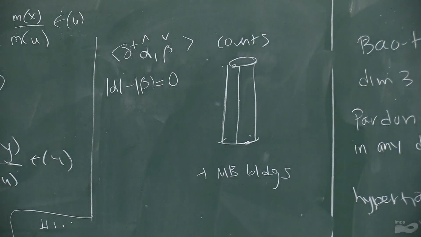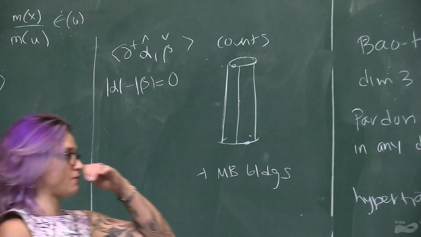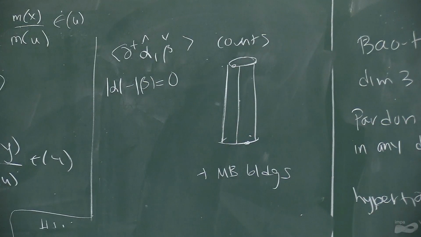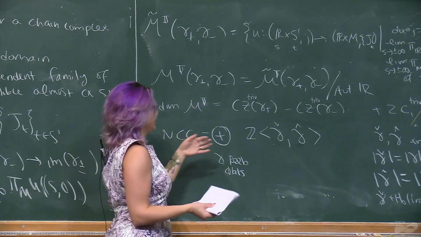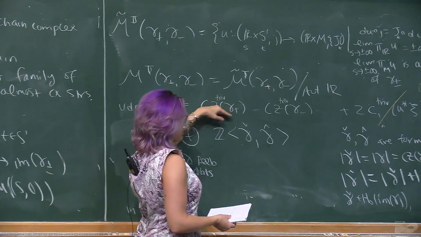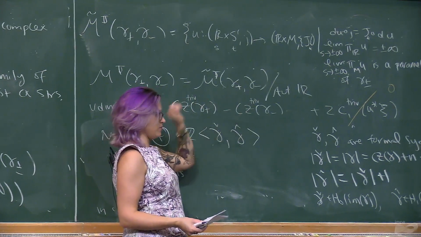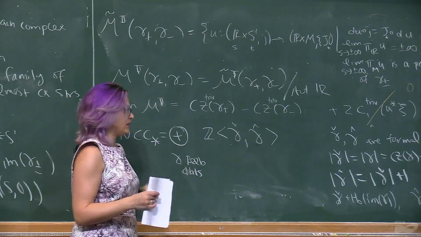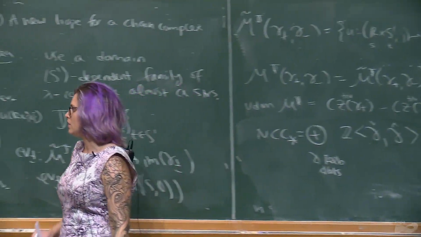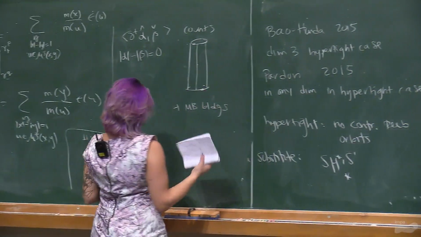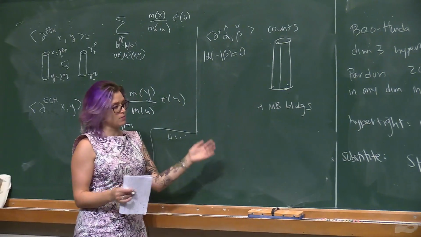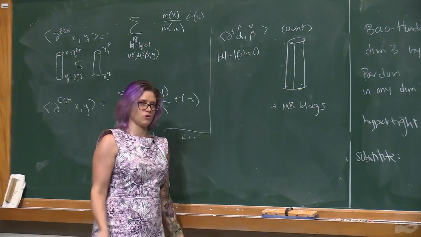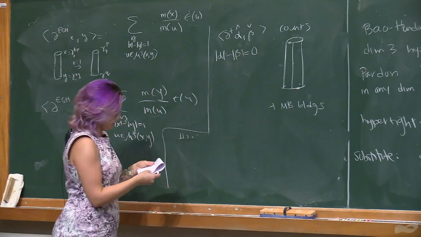And so the point is that, again, if you could pick your family to be time independent, then the only moduli space that you should be able to get where the Conley-Zehnder index of the top is the bottom, to get that it's zero-dimensional because you have no point constraints, that would have to consist of trivial cylinders. And so then that gives you the 2 if your Reeb orbit is bad, and 0 if your Reeb orbit is good when you count.